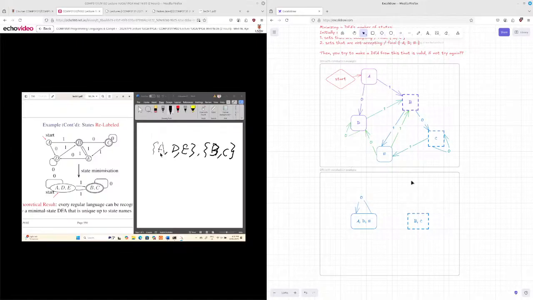How about A from 1? A from 1 gets you to B. D from 1.